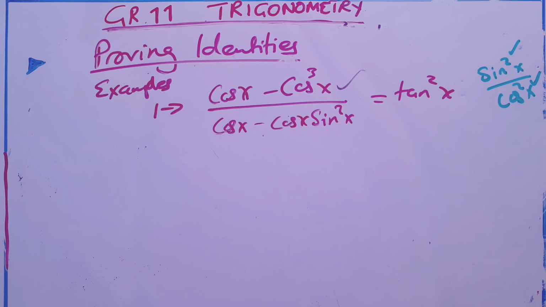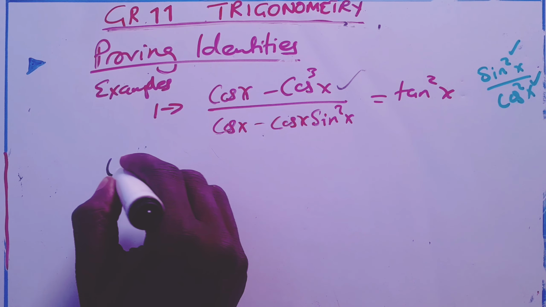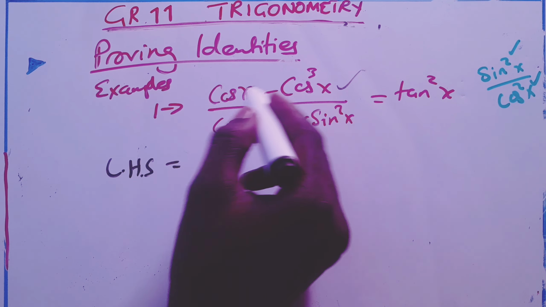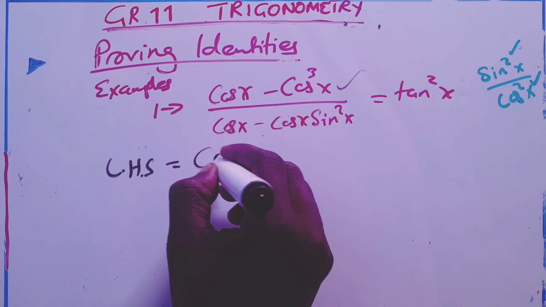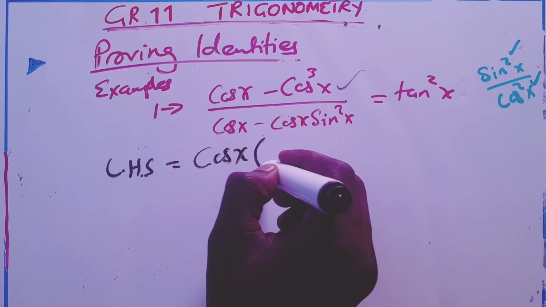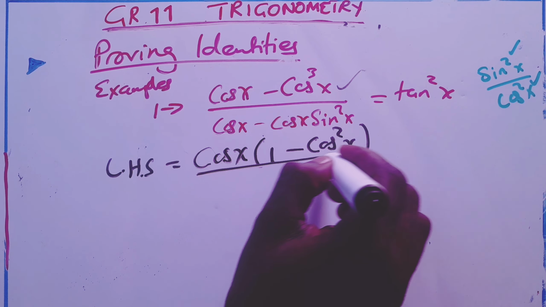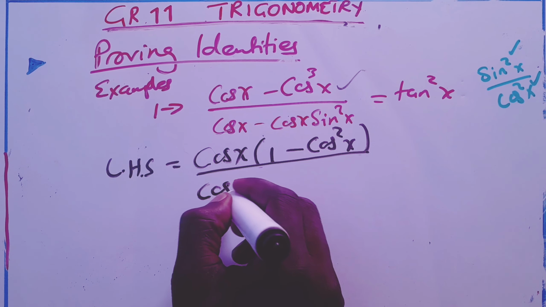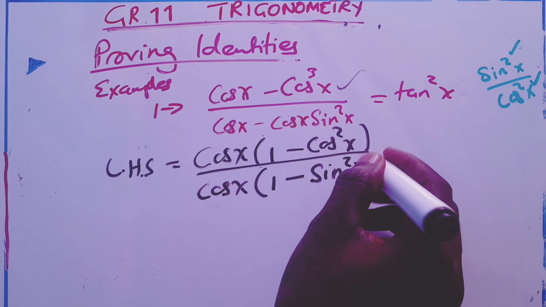So we have chosen the left hand side. So this will be equal to, in this left hand side, you can see that here we can factor out the cos, right? So after factoring out cos x, this becomes 1 minus cos squared x all over, and here again we can factor out the cos x, and this becomes 1 minus sin squared x.